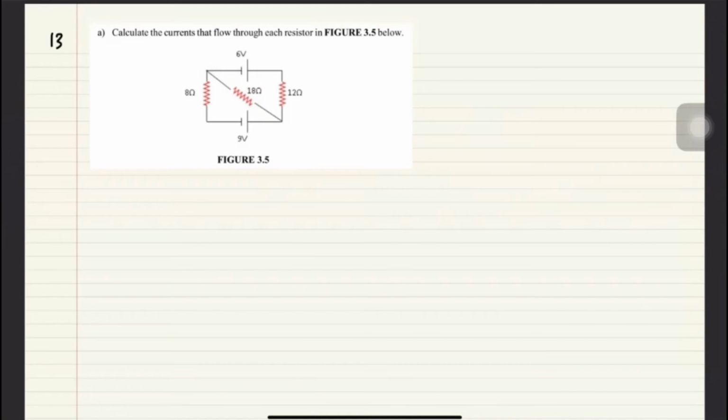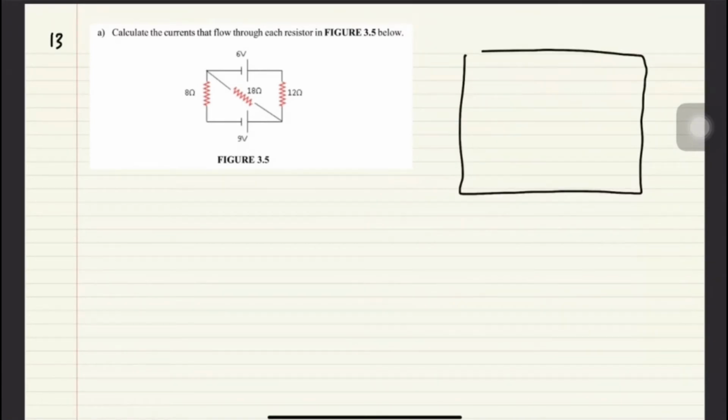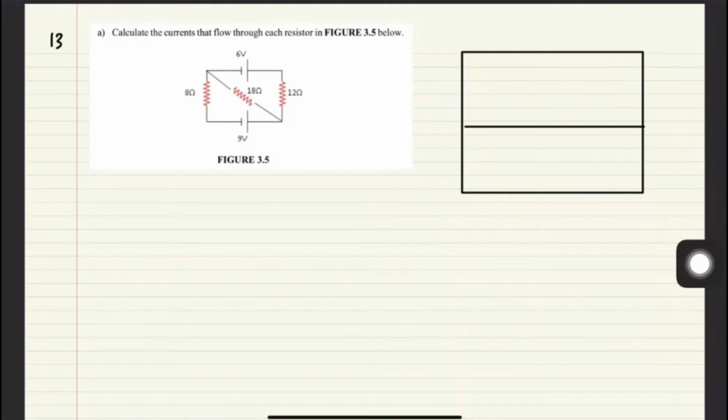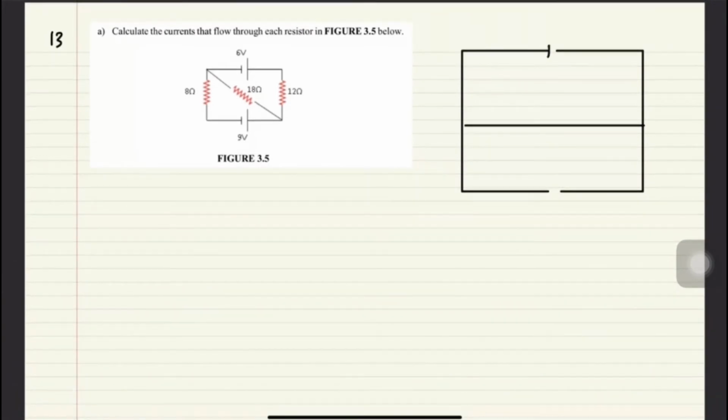Instead I prefer to be square, macam square. I try to redraw first. Okay, so basically this one is the same circuit, just that I redraw it. Okay, so that one will represent the 6 volt, label it straight away. EMF 1, 6 volt.